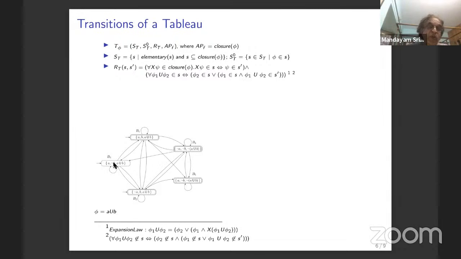If you end up staying in the same state infinitely, if you keep staying in B3 ad infinitum, then it will violate A until B. A until B requires that eventually not B holds; there must be some point in the path originating from B3 at which not B holds.